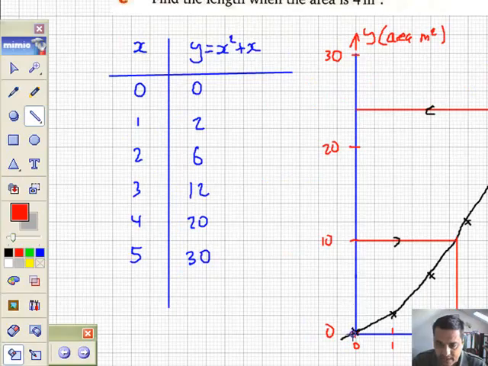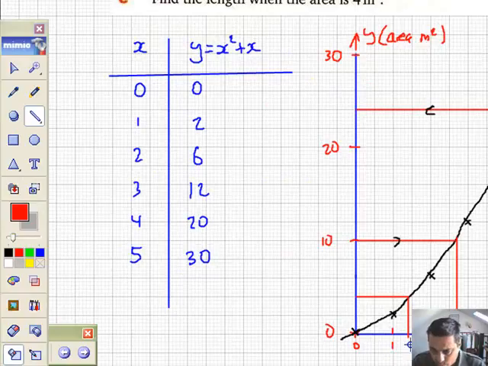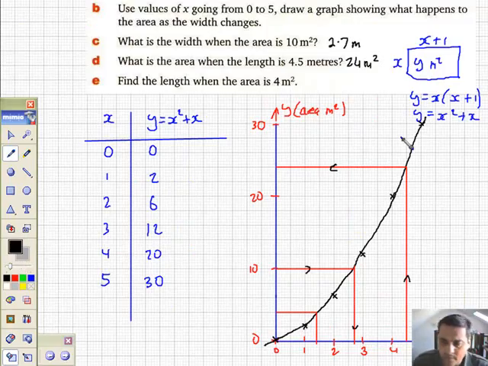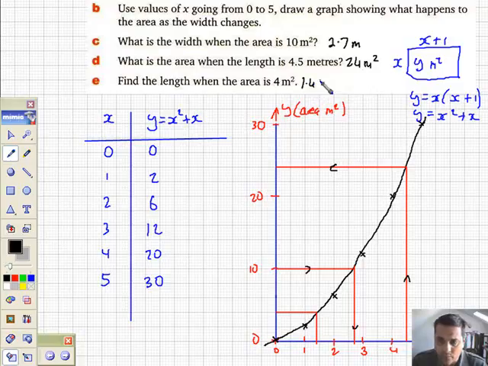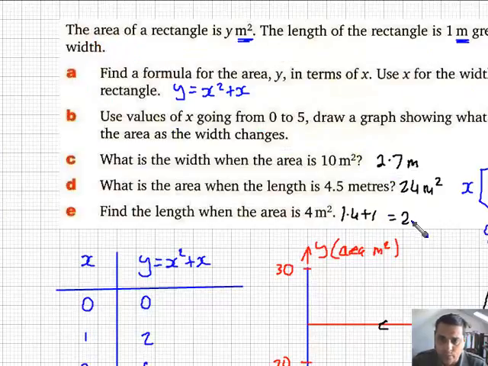Okay, so this is the area. So 2, 4, hit that, and then come down. Right, I'll make that 1.4 meters the width. So therefore, the length is going to be 1.4 plus 1, which equals 2.4 meters. And that's what I'm quite happy with.